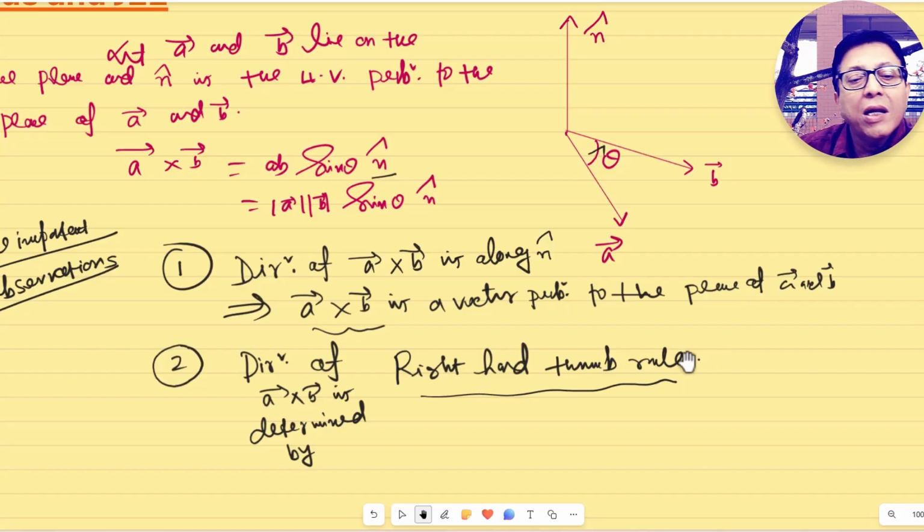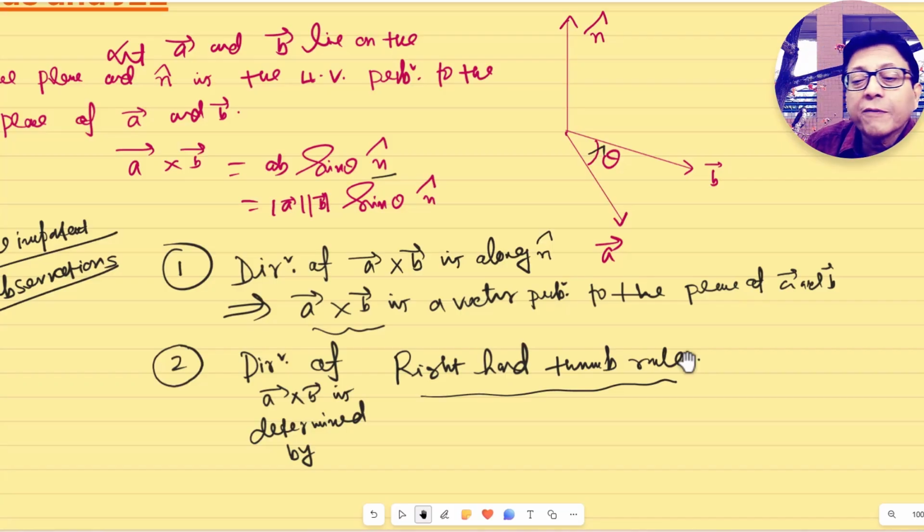Otherwise, I'll tell you to learn about the right-hand thumb rule. Direction of A cross B is determined by the right hand thumb rule. What is that?